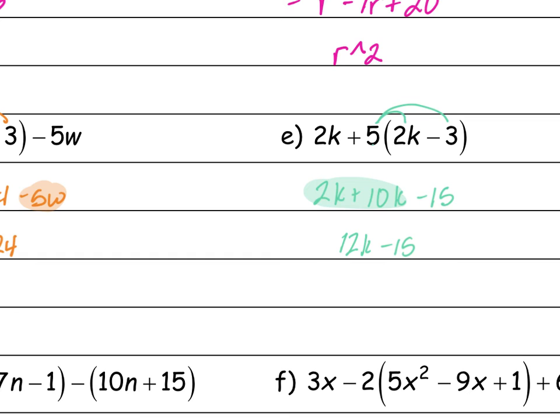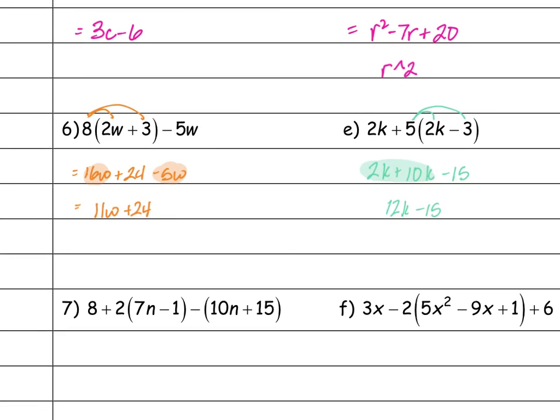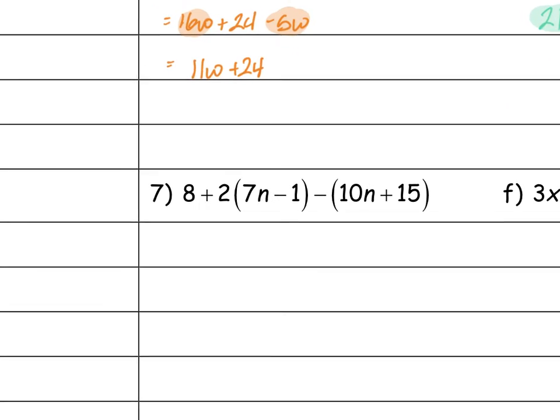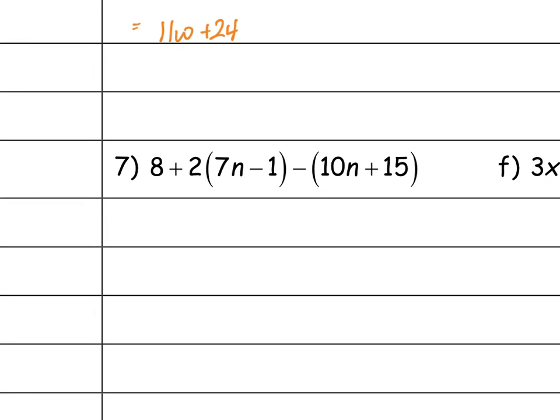Okay, awesome. Now we're going to go to the hardest one. I'm pretty sure there's not any this hard on your homework, but there might be. You never know. So it looks like I have two sets of parentheses, which means I'm going to be distributing twice. The first time I'm going to distribute 2, and then I'm going to distribute -1.